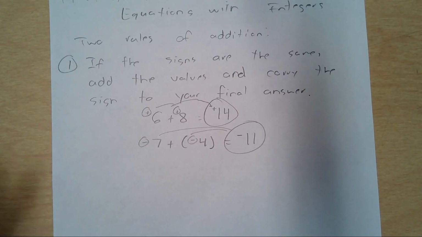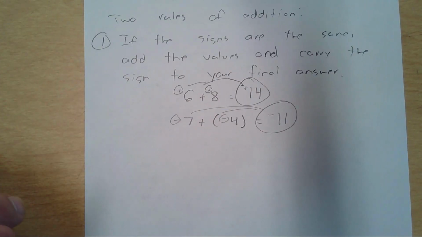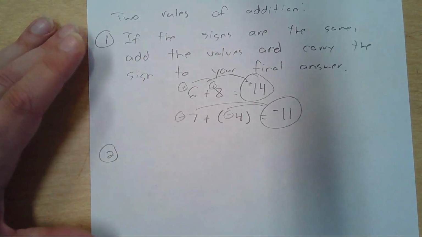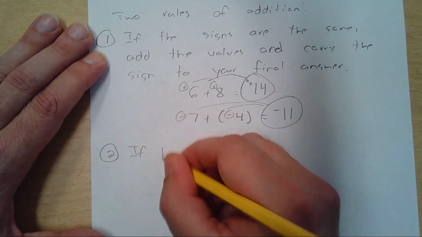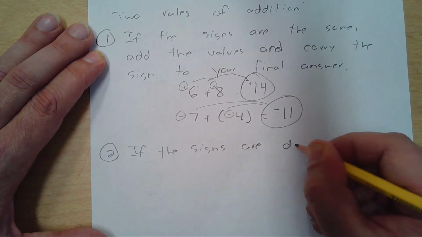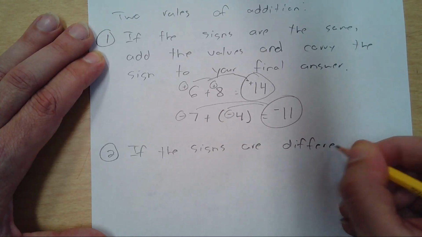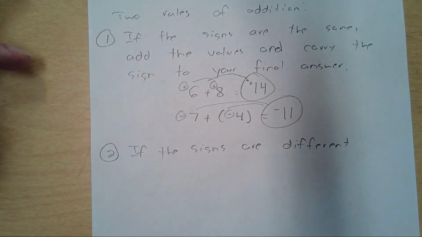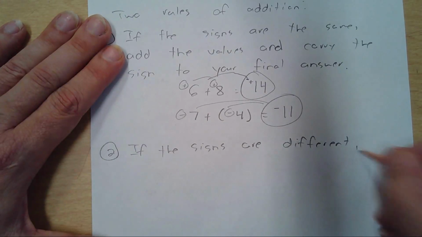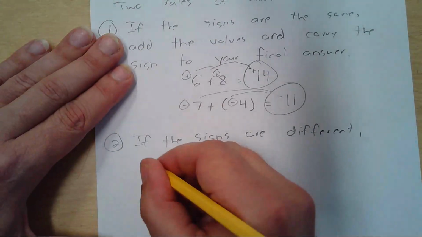Okay? So usually signs the same isn't too much of an issue with people, but when the signs are different, things tend to get more difficult for some reason. So if the signs are different, and I'm basically saying if I'm adding a positive and a negative value, or a negative plus a positive, however you want to think it, here's what you need to do.